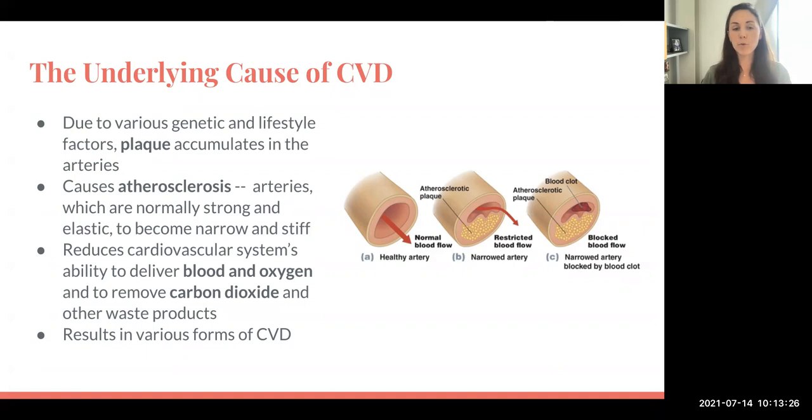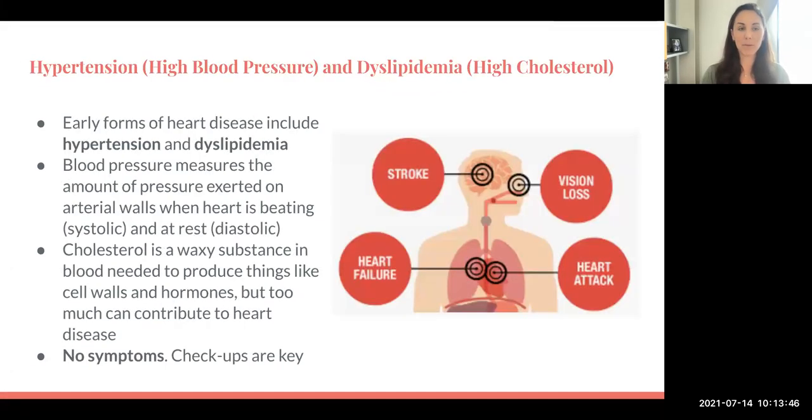And we also can't remove carbon dioxide and other waste products as easily, which can lead to metabolic stress in our tissues. So inflammation, as it relates to the development of plaque, also known as atherosclerosis, is the underlying factor of all of the cardiovascular diseases. Well, most of the cardiovascular diseases that we're about to cover.